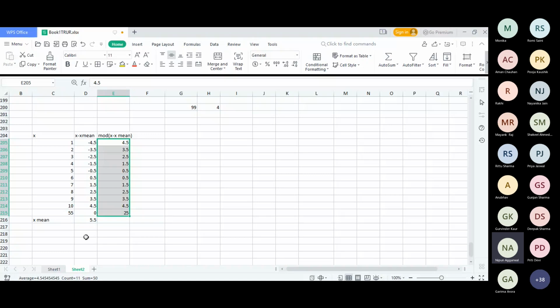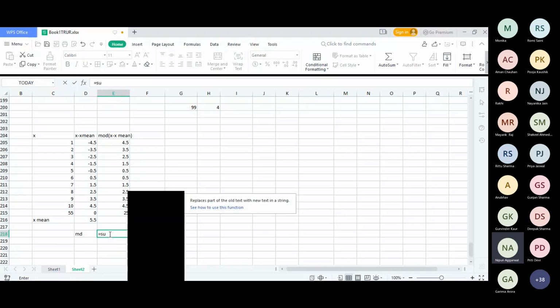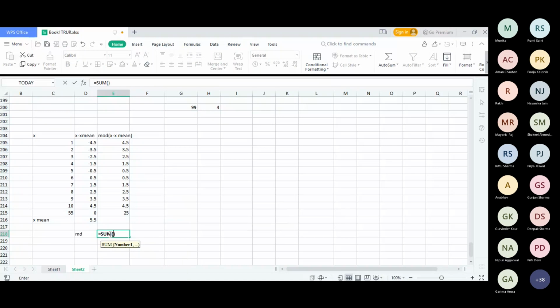And now the value of mean deviation: we take the formula, summation of modulus of x minus x mean, divided by the number of elements, that is, divided by n.